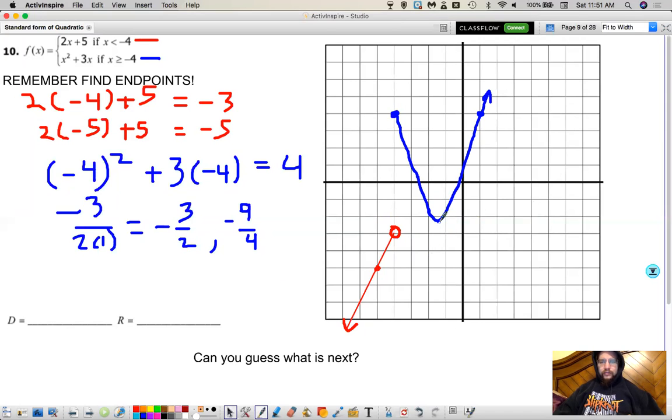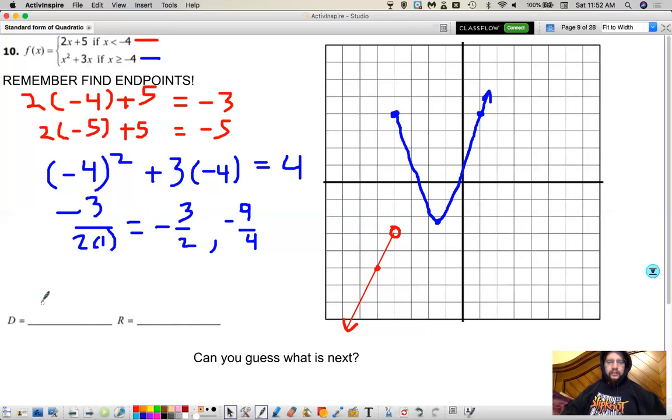So make sure you make your vertex noticeable. Doesn't have to be in perfect spot, just make it noticeable. That way I can see, okay, you know what you're doing. So that's the piecewise function of the parabola.